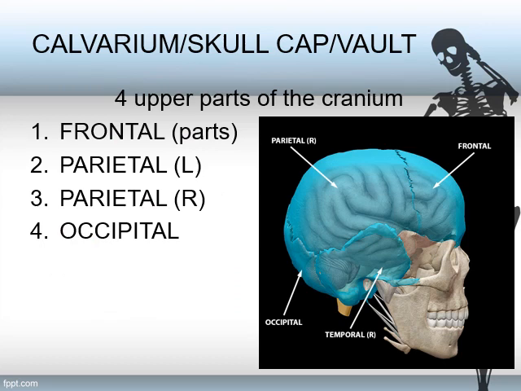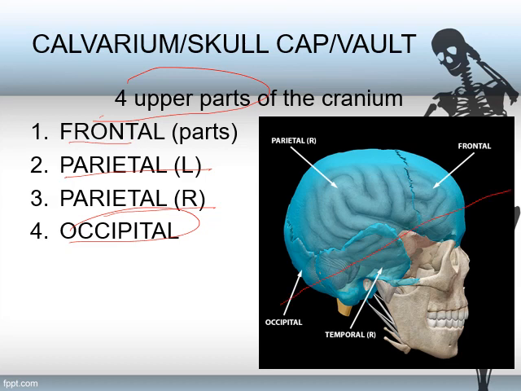Then we have the calvarium, the skull cap or skull vault. They are composed of 4 parts. We have the frontal bone or parts of the frontal bone, because some parts of the frontal bone are also included in the base of the skull. Then both parietal bones, the left and the right parietal bones, as well as the occipital or parts of the occipital bone. If you can remember, in our previous slide, there is a line here.